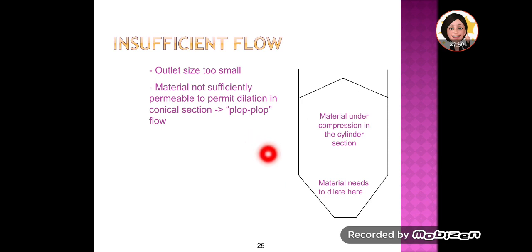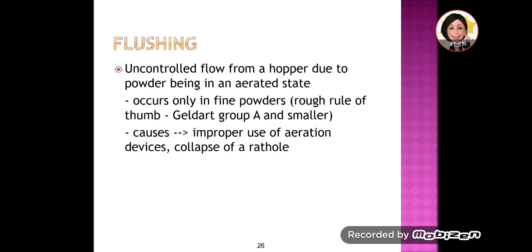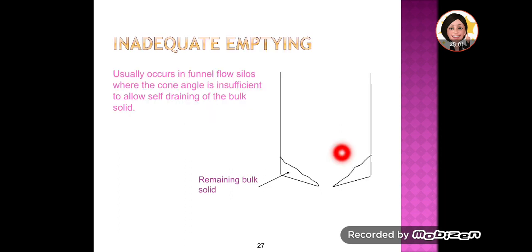Then we can have insufficient flow, which could be when the outlet size is too small. We can have flushing when the outlet size is too big. We can have inadequate emptying, which means every time we empty our hopper, these parts just remain.